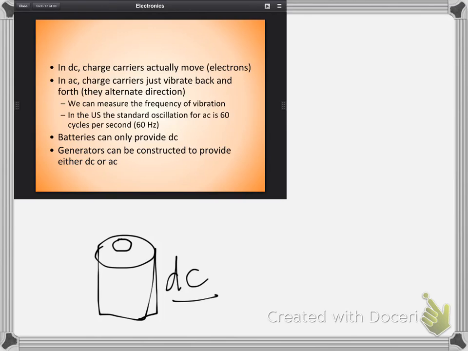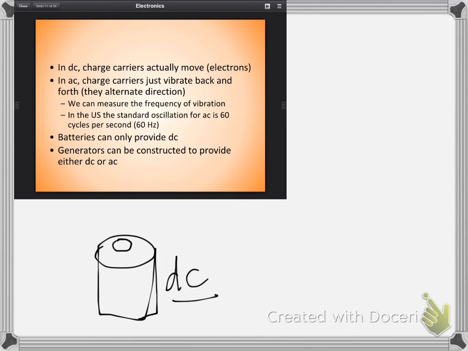Now, how many of you have ever been in any sort of motorhome, trailer, or a truck with appliances? Actually, a lot of vehicles have these now too. Can you take something out of your house and plug it in to a car battery? No, because the appliance that you use in your home operates on AC.